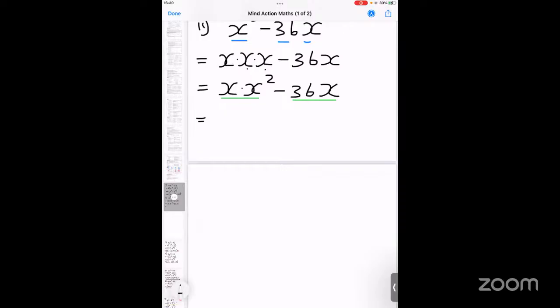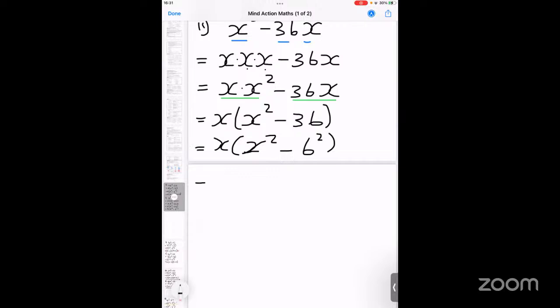Next, you're going to write x, open bracket, x to the power of 2 minus 36, close bracket. Yes, exactly that. Equals x, open bracket, x to the power of 2 minus 6 to the power of 2, I mean.